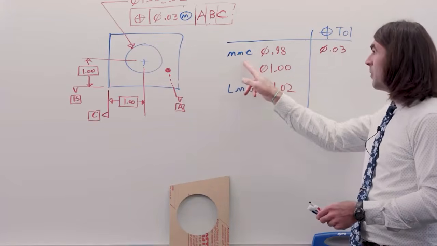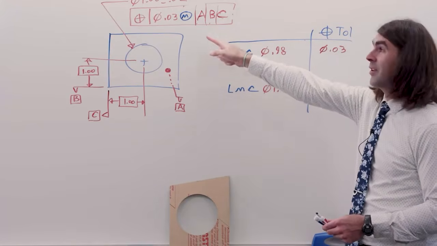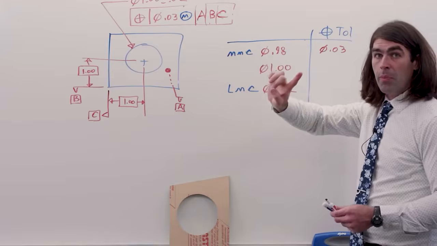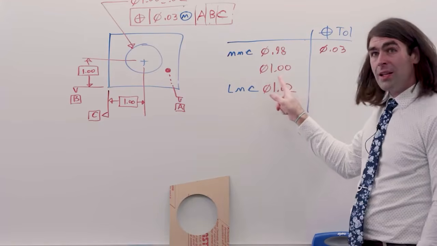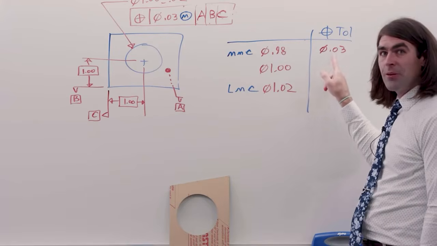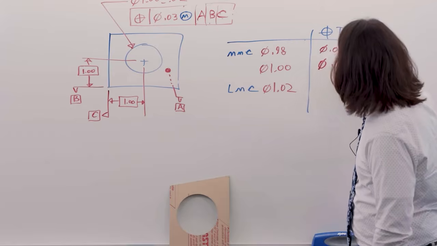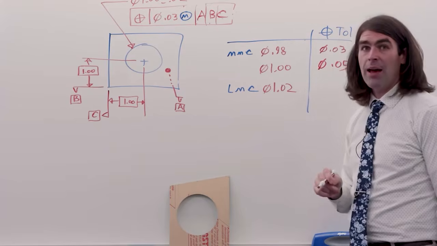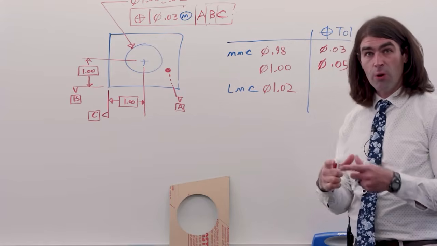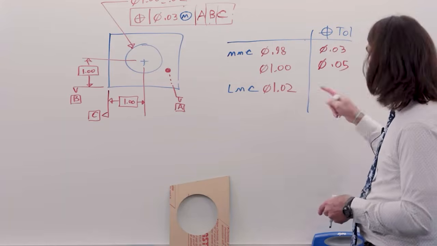So at MMC, we have 30 thousandths of tolerance. That doesn't change, right? 30 thousandths at MMC. But if the hole comes in 20 thousandths too big, we can add that to our existing position tolerance. So in this case, we would now have 50 thousandths of position tolerance. As the hole gets bigger, you get more positional tolerance.